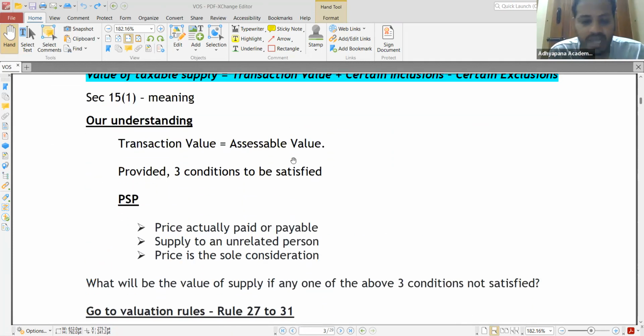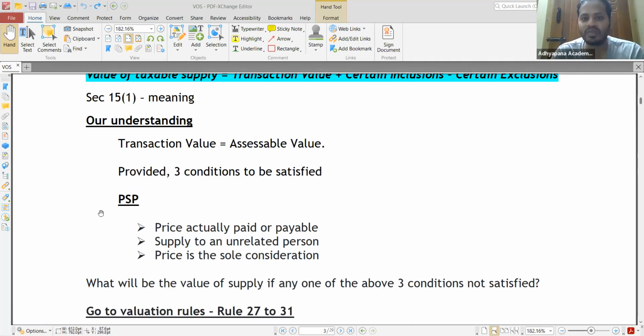Our understanding: transaction value is nothing but assessable value. Assessable value is the value on which tax is levied. Transaction value equals this, provided 3 conditions are satisfied. That condition is PSP.